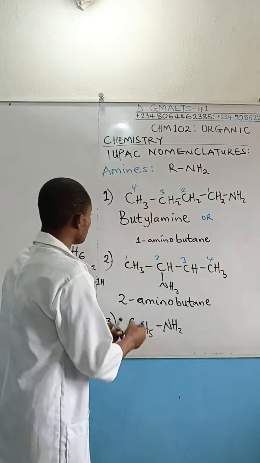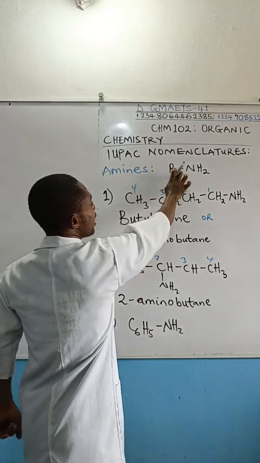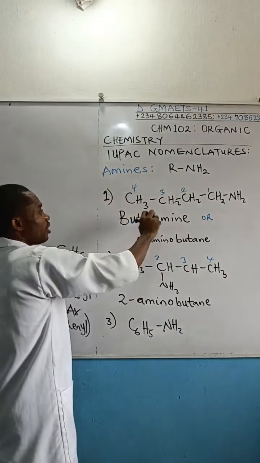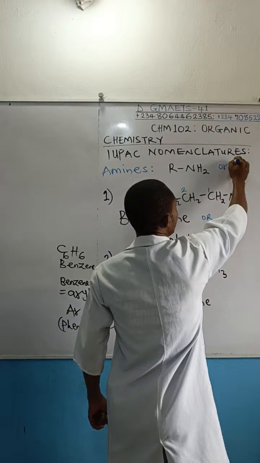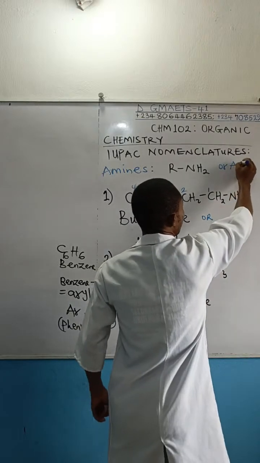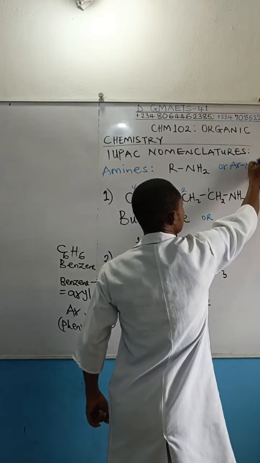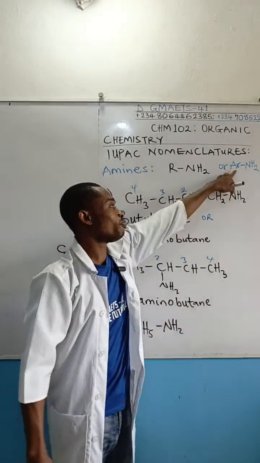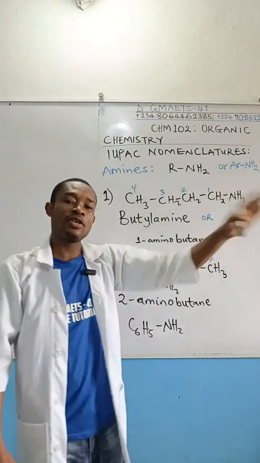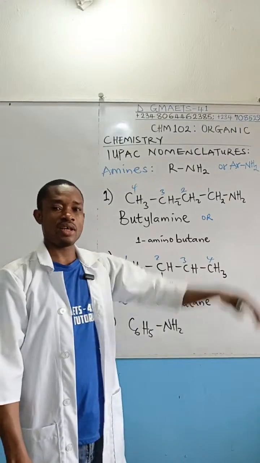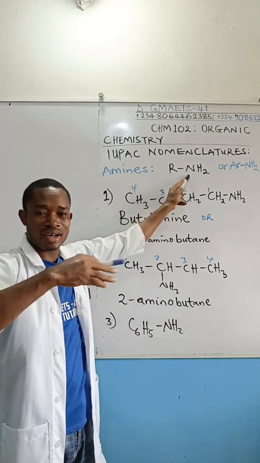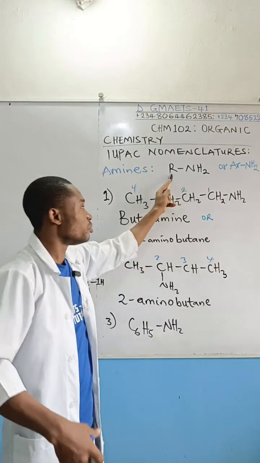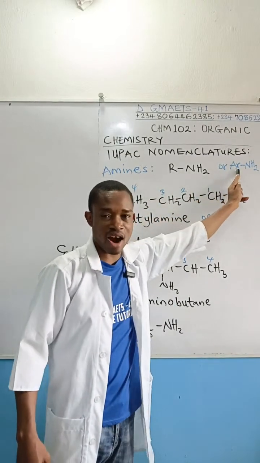The general representation of this, just like this thing we had here, RNH2, we could also have something like Ar, then NH2. This one represents aryl, phenylamine. It's just that generally, in 100 levels, as you move on, you meet more of the alkyl group.